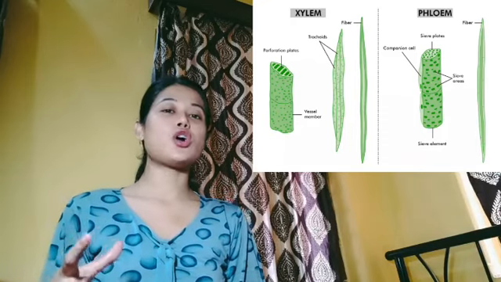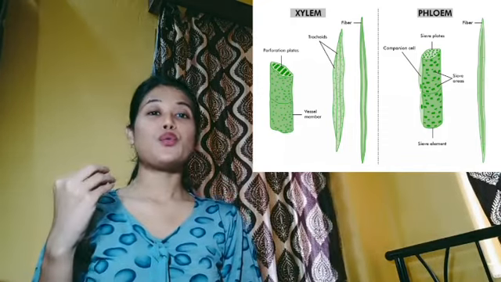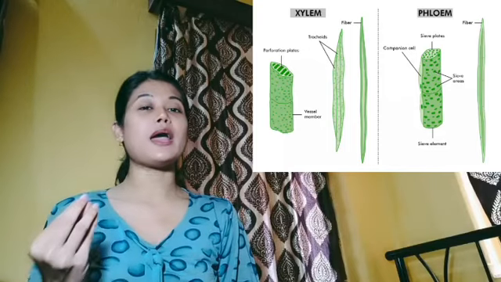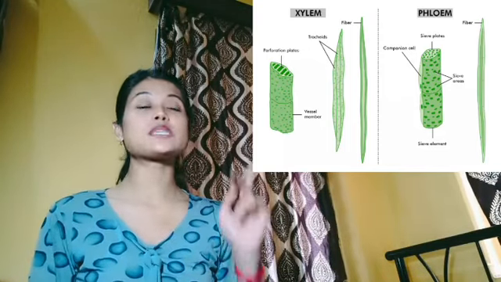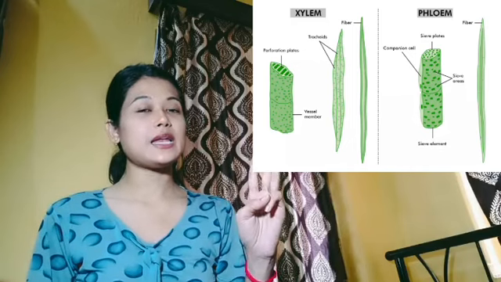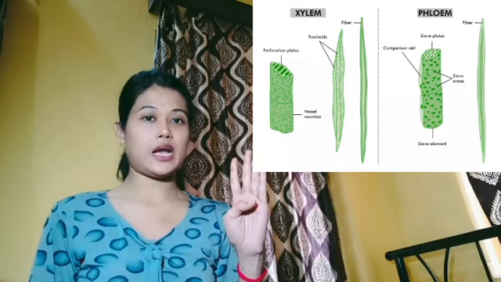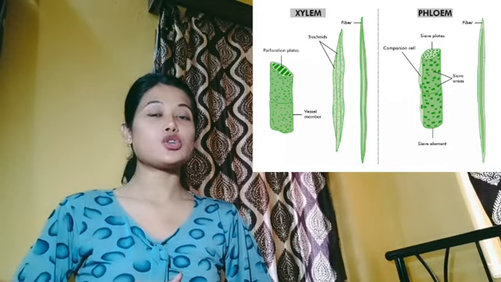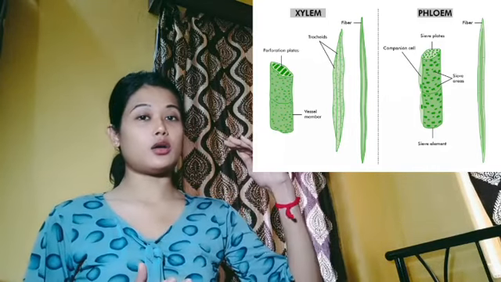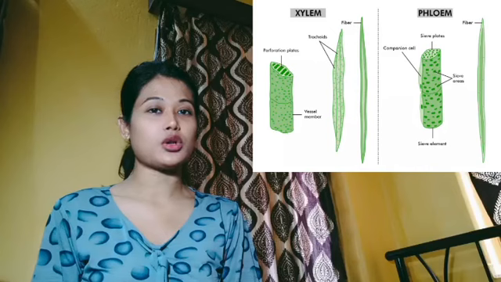Xylem consists of tracheids, vessels, xylem parenchyma and xylem sclerenchyma, whereas phloem consists of sieve tubes, companion cells, phloem sclerenchyma and phloem parenchyma. The role of xylem is to transport water, and the role of phloem is to transport food.